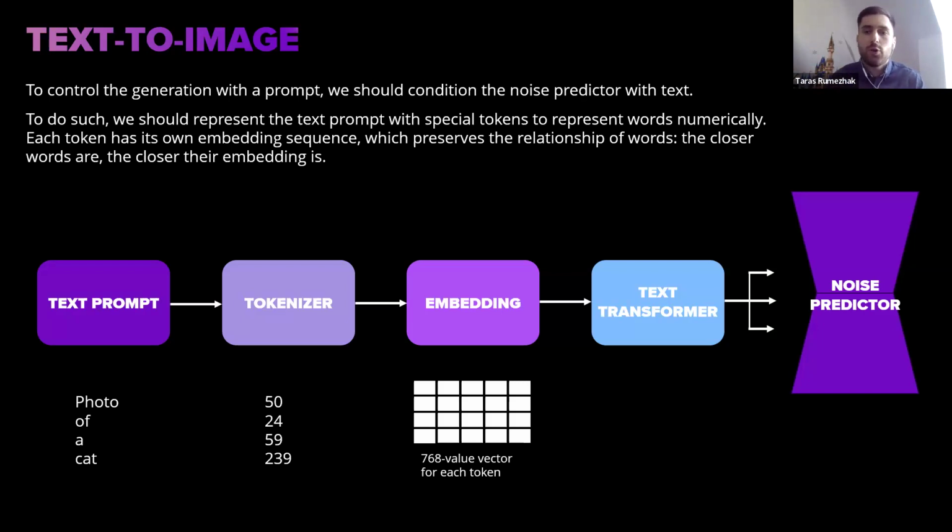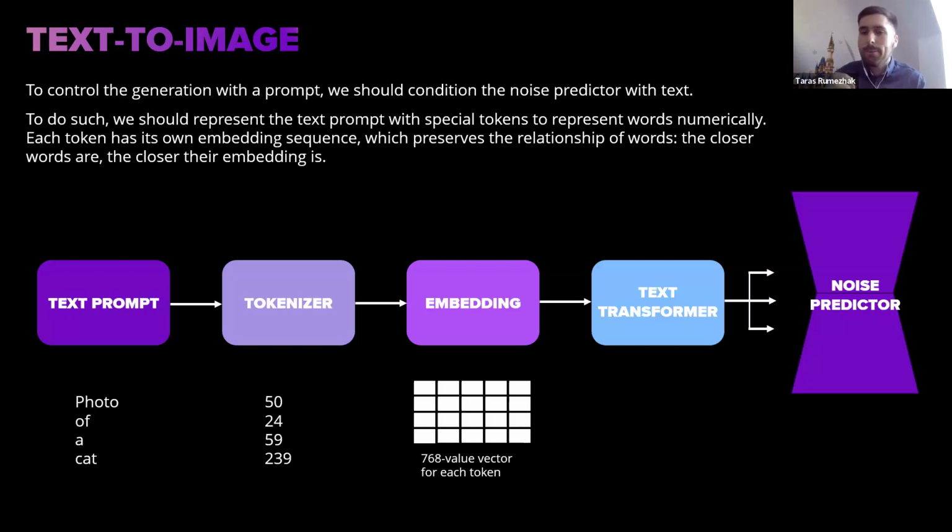The text transformer is another subnetwork that is able to transform that vector within some layers, like linear layers or attention layers. It doesn't matter for now. It gets this representation of the original text to the noise predictor.